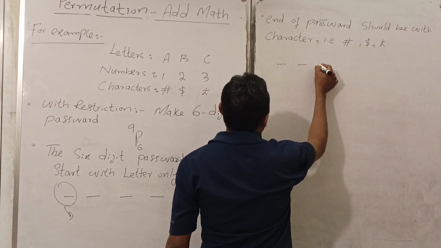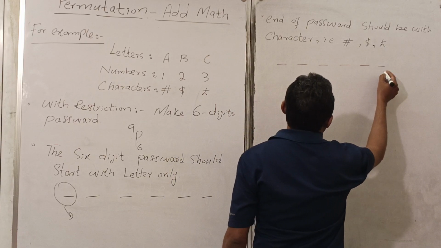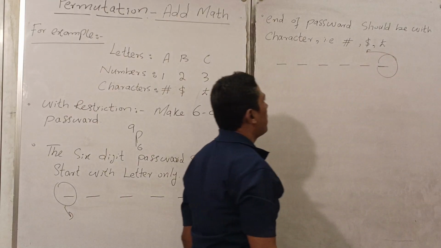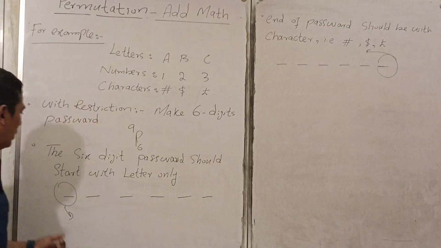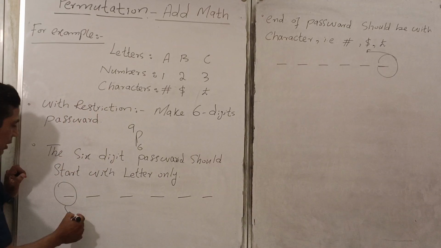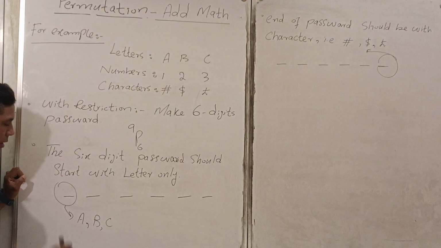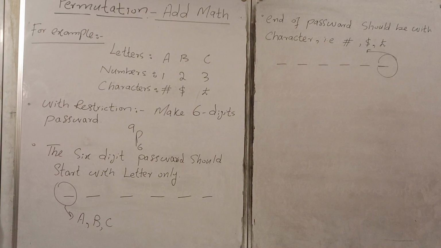So positions 1, 2, 3, 4, 5, 6. Here you will have any one of them, okay, and here you will have any one of the letters. Am I right? Clear?